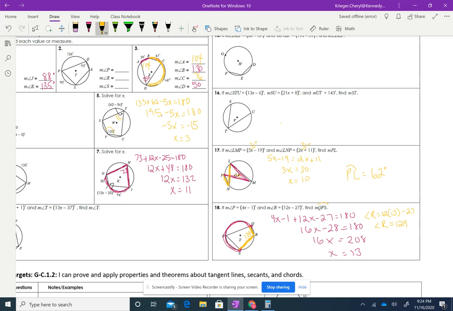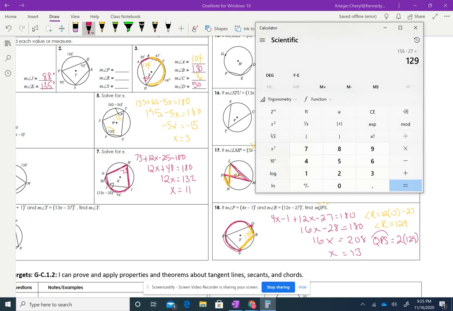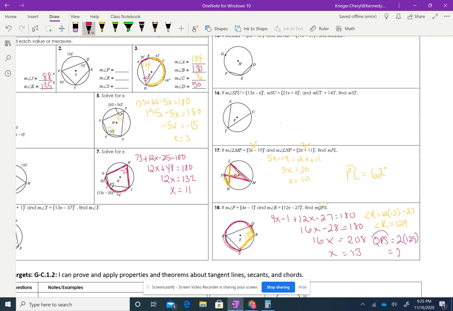The major arc is going to be twice that, so arc QPS is equal to 2 times 129, which is 258 degrees. All right, we did it.